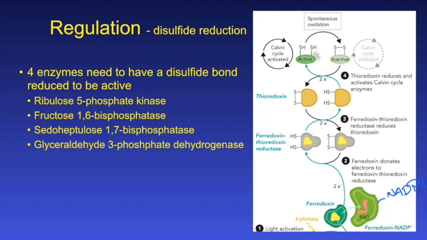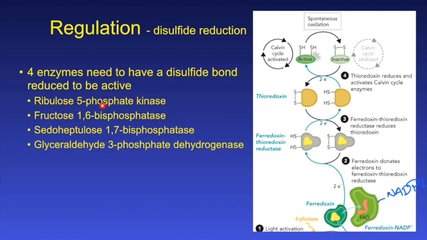But you can overwhelm the NADPH. So what can happen is ferredoxin can get up in so high a concentration that it will go over and give its electrons to a reductase, a different one, which gives its electrons to thioredoxin, which then gives its electrons to ribulose 5-phosphate kinase, fructose 1,6-bisphosphatase, sedoheptulose bisphosphatase and glyceraldehyde 3-phosphate dehydrogenase.